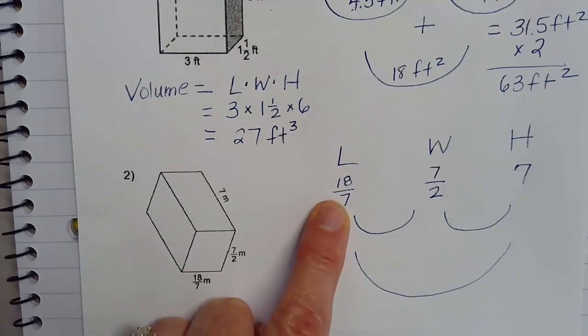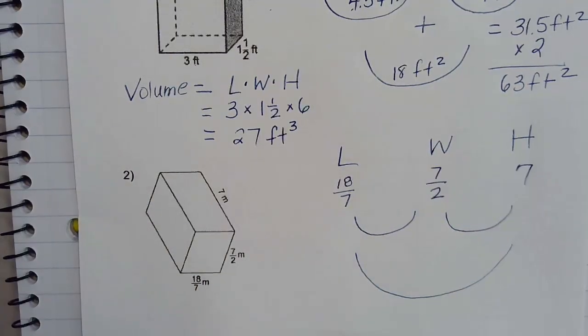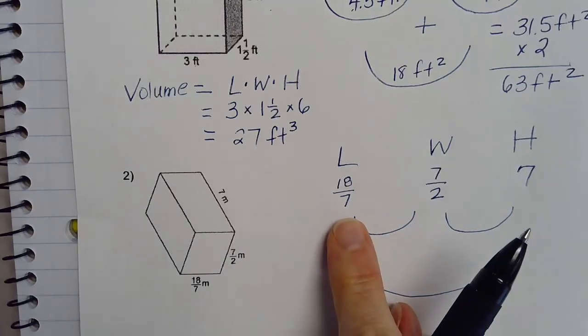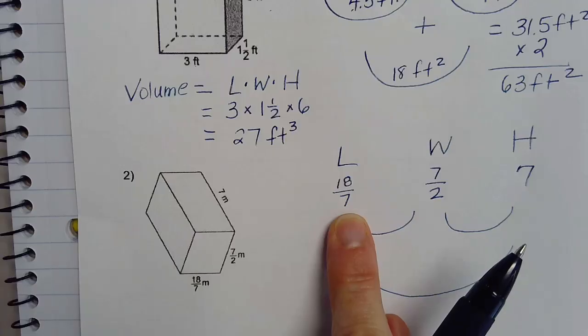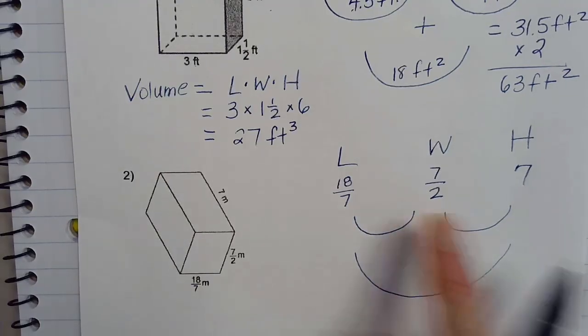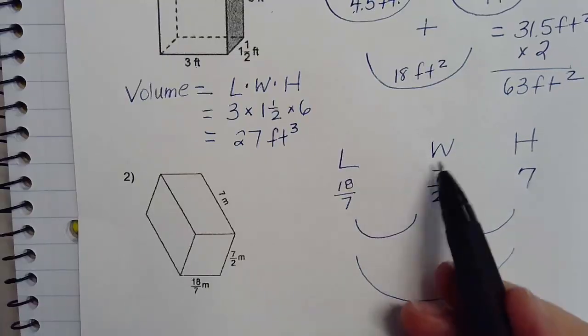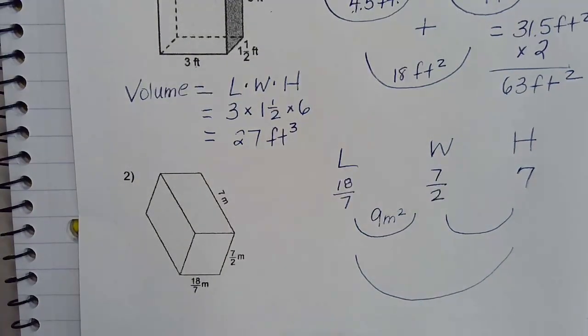If you do 18 sevenths times 7 halves, what does it tell you when you put that in? Use your A over B key to put in your fractions. It gives you 9, because these would cancel out, and it's going to be 9 meters squared.